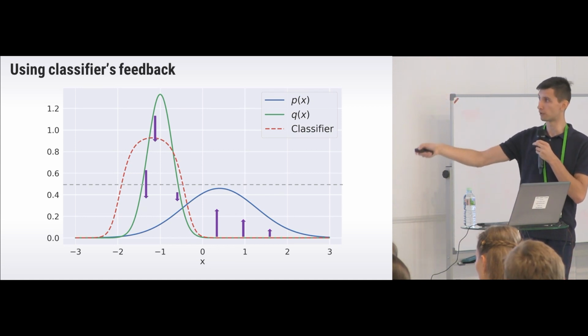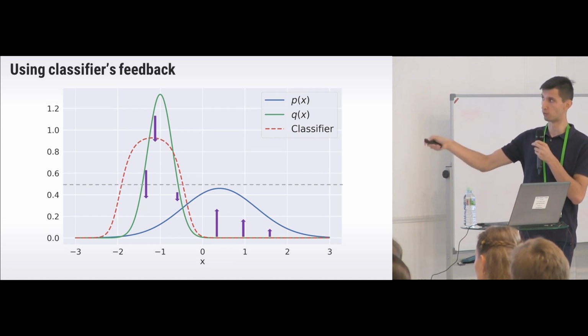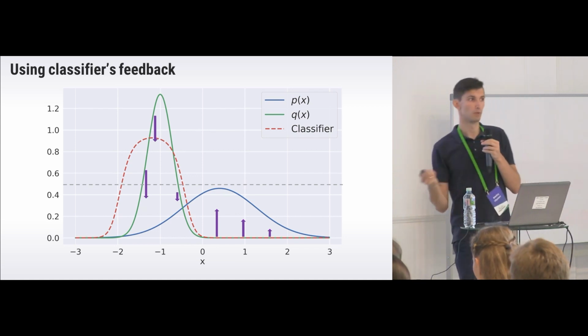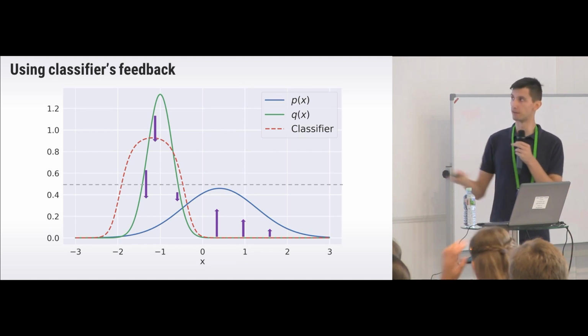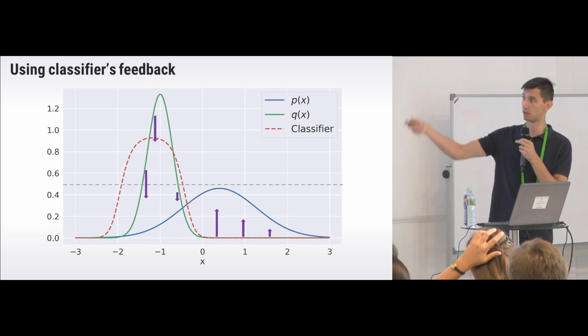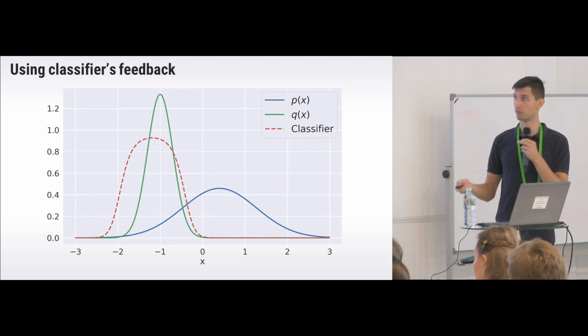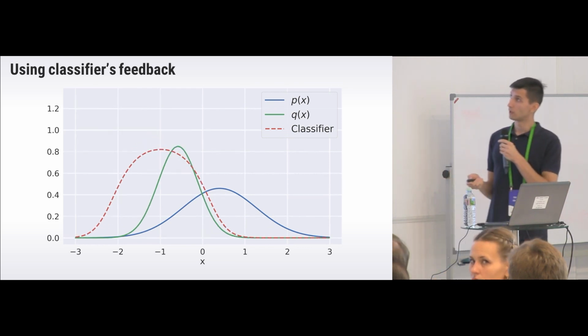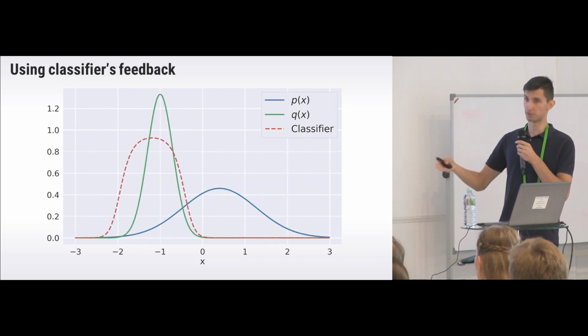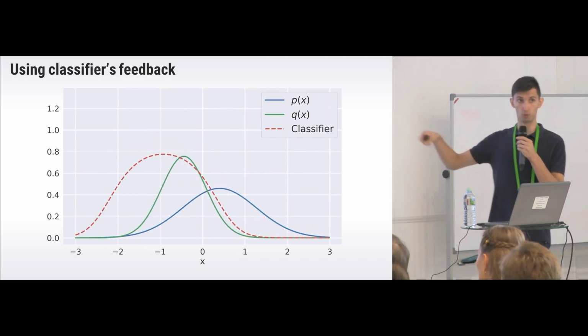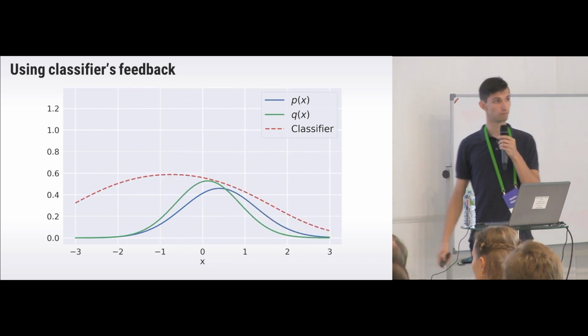If the classifier gives a value below 0.5, we should push this curve up at those points. That is the feedback we can get from our classifier to update our model distribution Q. Step by step, your green curve will eventually match the blue curve.